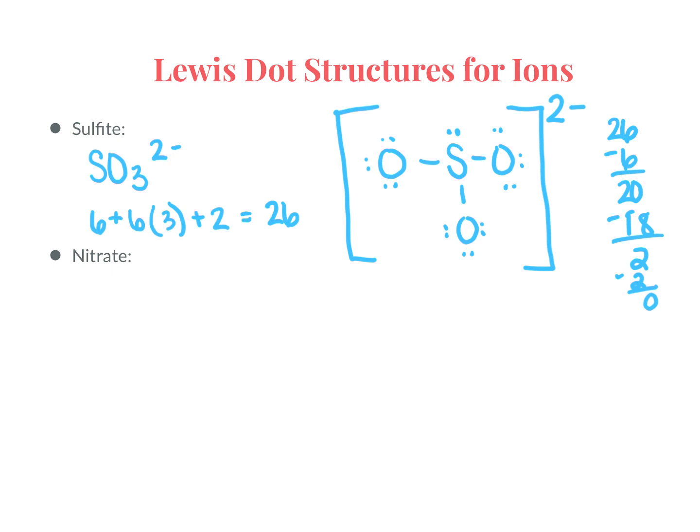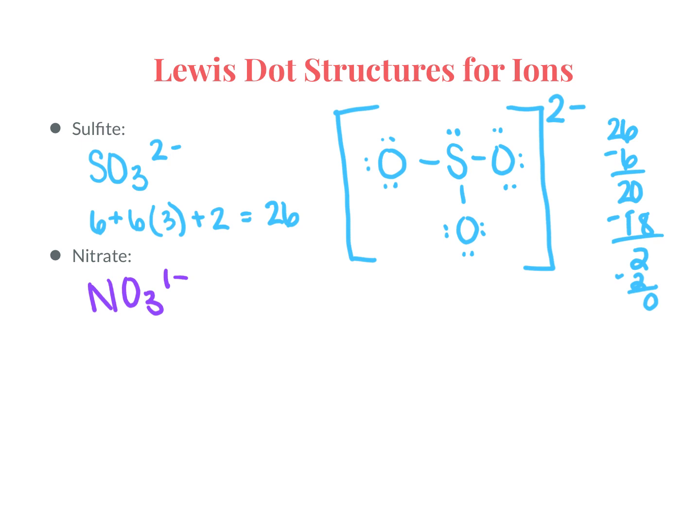So now let's take a look at nitrate. Where can you find nitrate's formula? Find it on your naming chart. Nitrate is NO3 with that -1 charge. So what's the first step?